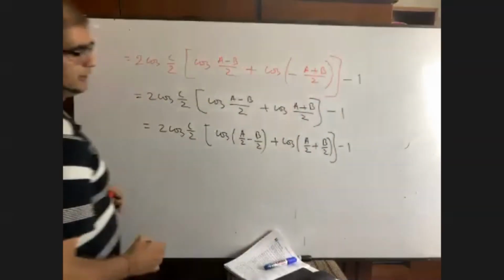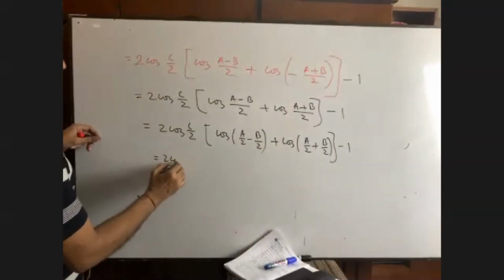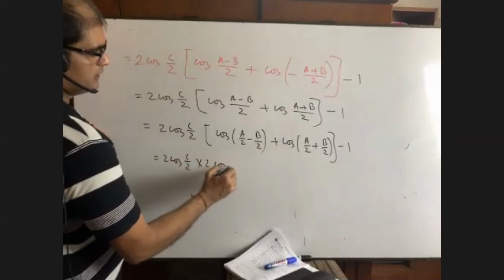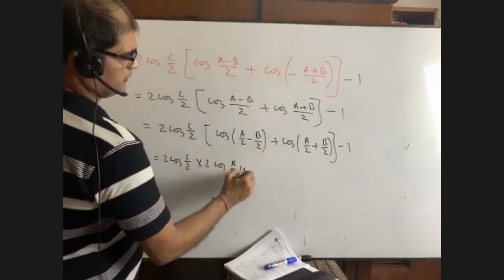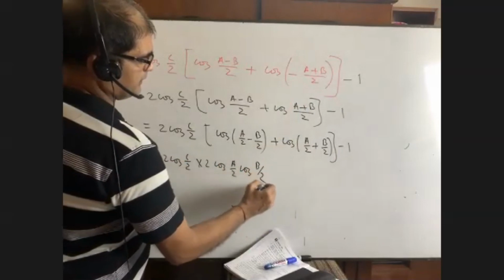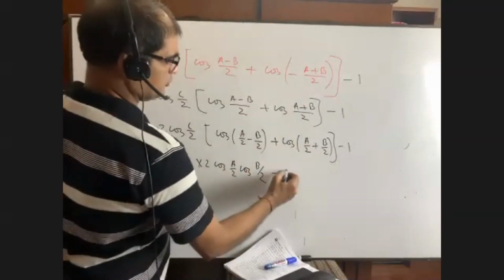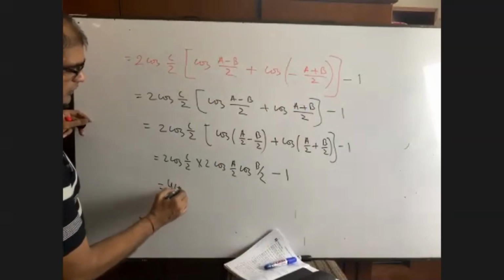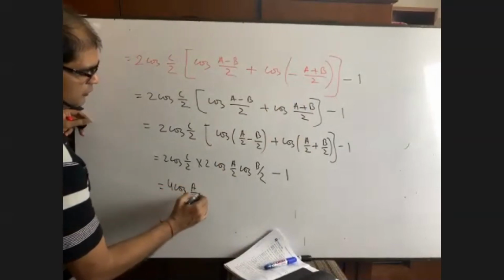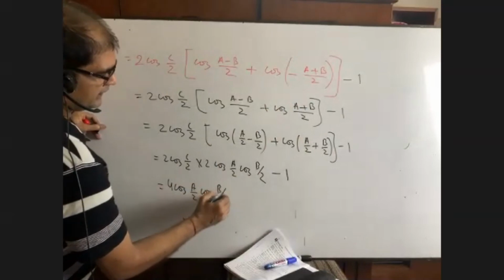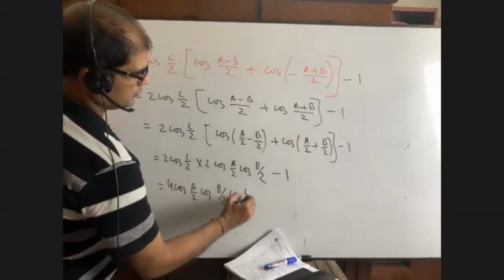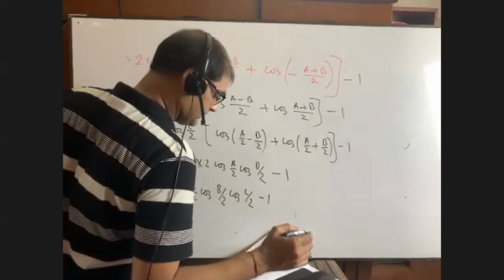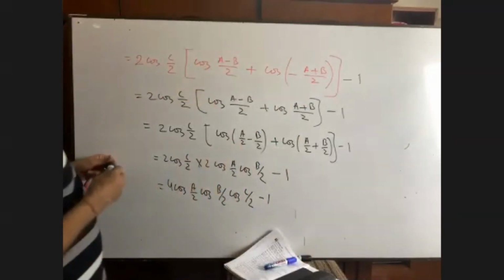Yes. Now 2 cosine what? A by 2, B by 2. Is it minus 1? Then we are getting 4 cosine A by 2 cosine B by 2 cosine C by 2 minus 1. And yes, it is our right hand side.